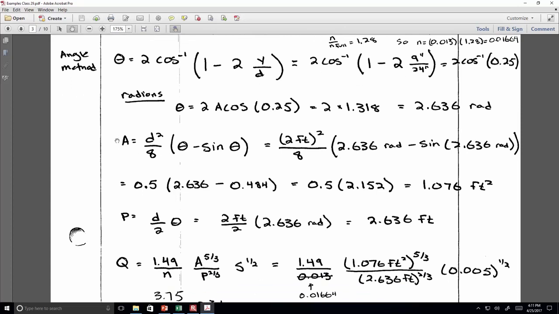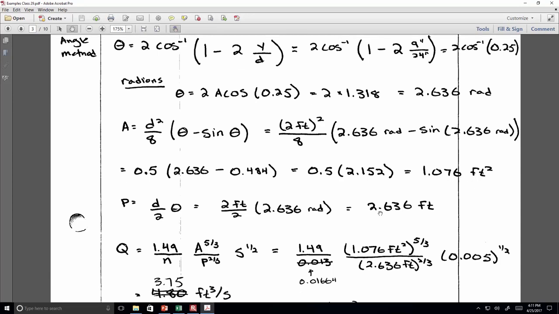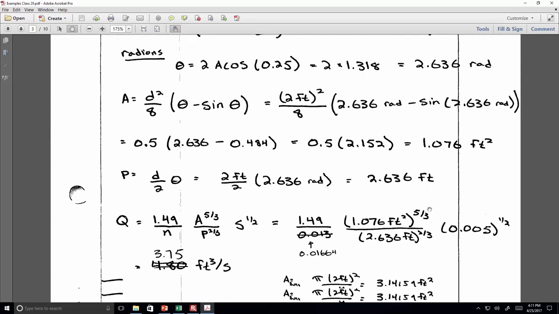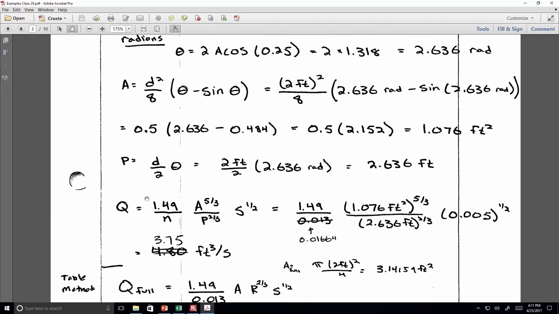So then we find the cross-sectional area, and it's 1.076 feet. And then the wetted perimeter, 2.636 feet. And then substitute all of that into the flow rate with the adjusted n value, and you should get 3.75 cubic feet per second.